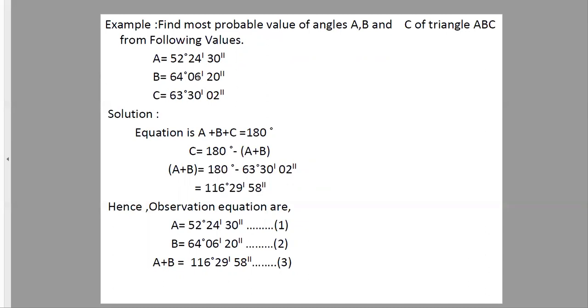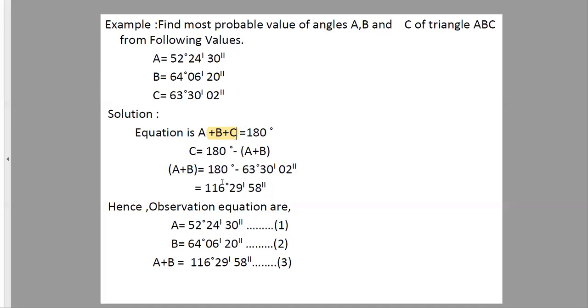They must be 180 if there is no error. But the equation says A plus B plus C should be 180 degrees, and C is 180 minus A plus B. Yes, simple equation. They have just shifted this to the right side.